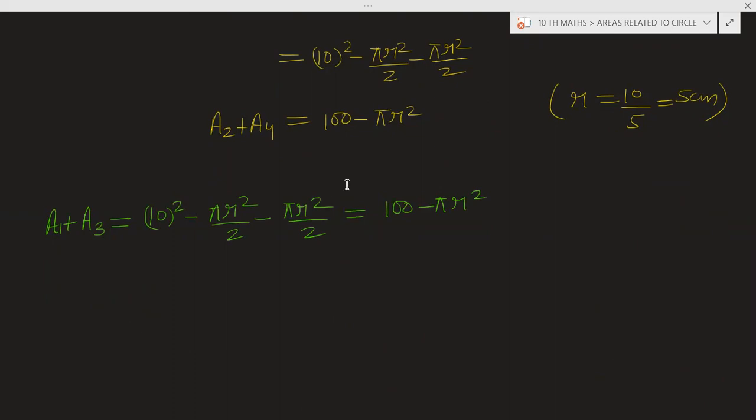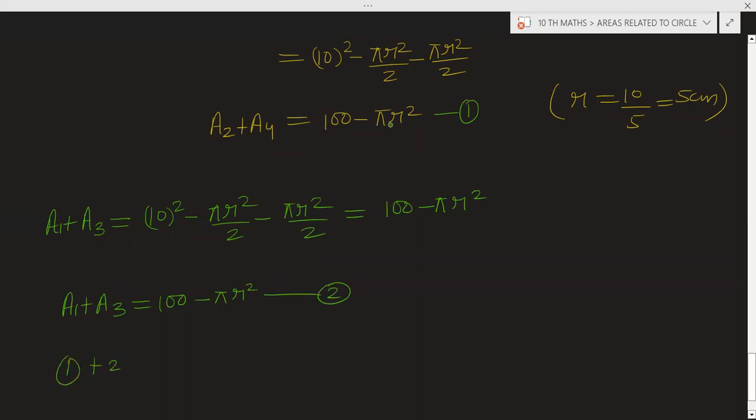Now we want to find A1 plus A2 plus A3 plus A4, so we will add these equations. We have A1 plus A3 is equal to 100 minus pi r square. We have the first equation and the second equation, so we will add first equation plus second equation.